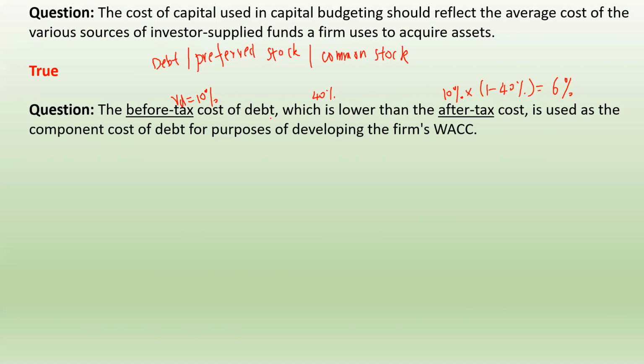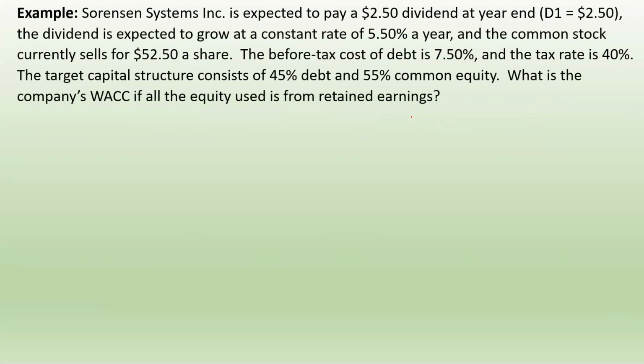Before tax is higher than after tax, and again we use the after-tax cost in the weighted average cost of capital, because we use RD times 1 minus T, which is the after-tax cost of debt.